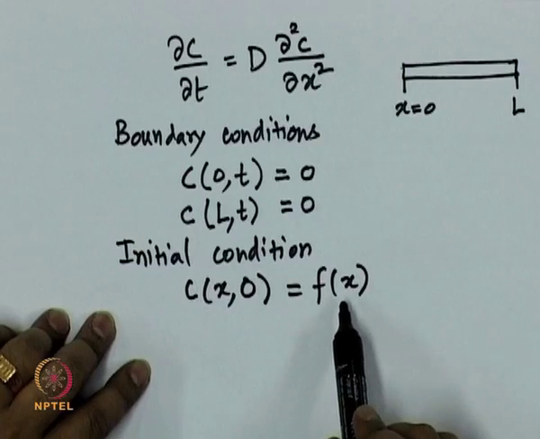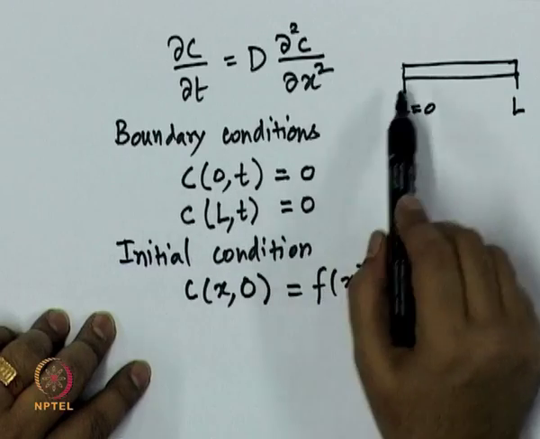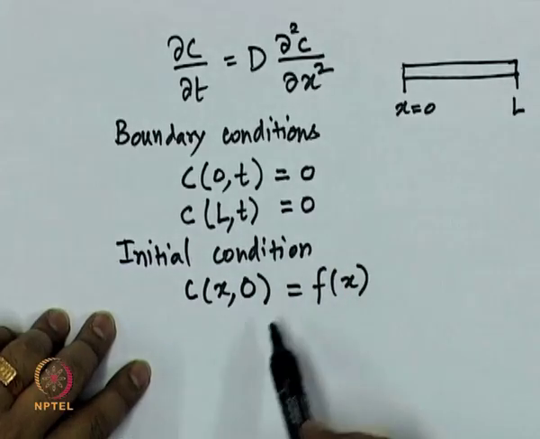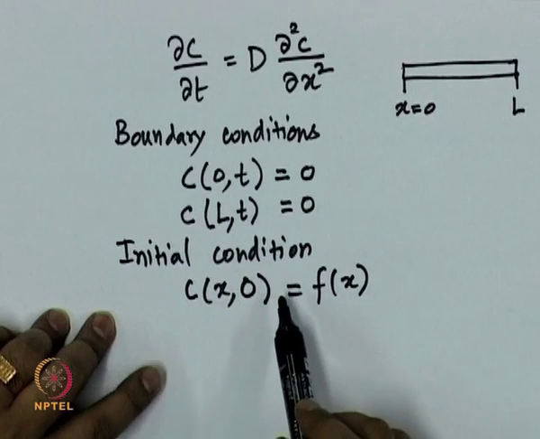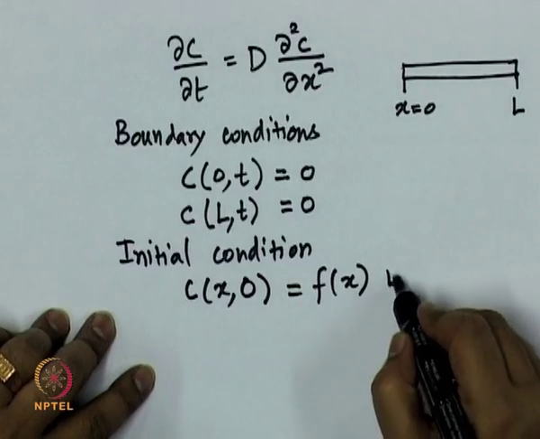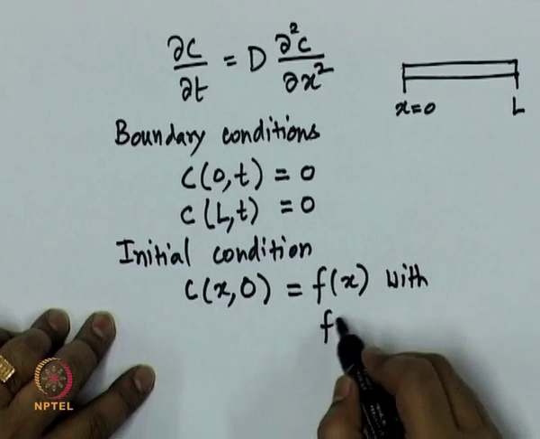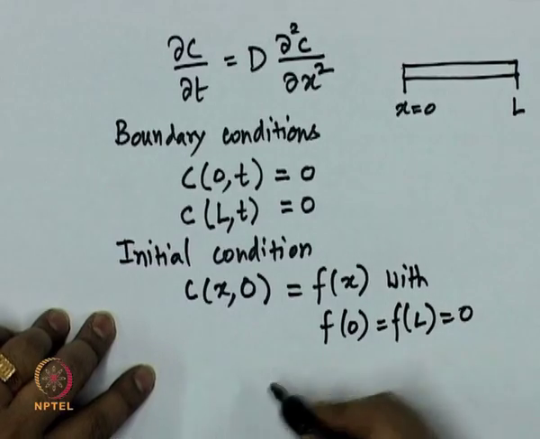Sometimes if you do not do that, you have inconsistency. You are demanding that for all times the composition should be 0 at these 2 points, but at your initial time t equal to 0 they are not, and that can lead to problems. So, with the understanding that f of 0 equal to f of L equal to 0.